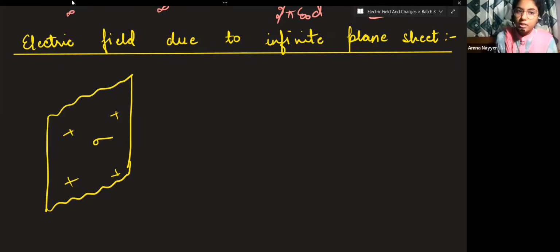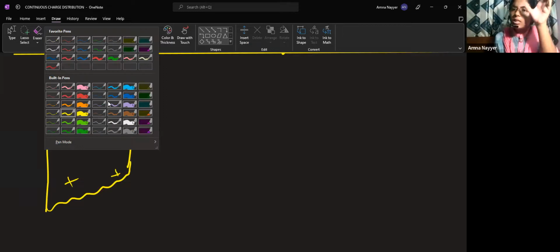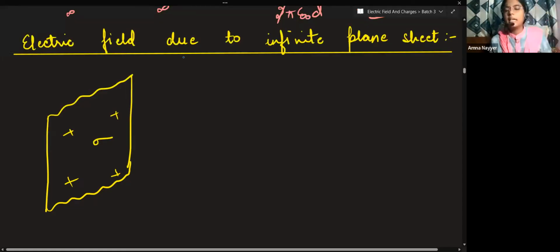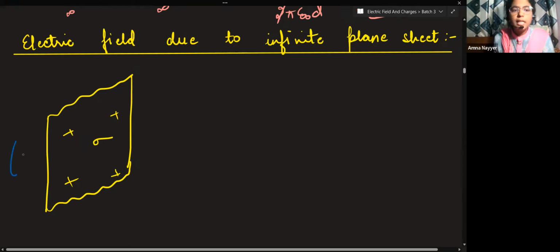Now the Gaussian surface that you will take. Since a line can be enclosed in a long cylinder, but a sheet you can never enclose in a cylinder, what you can do is put the cylinder in this manner, piercing through the sheet, and now this will be your Gaussian surface.